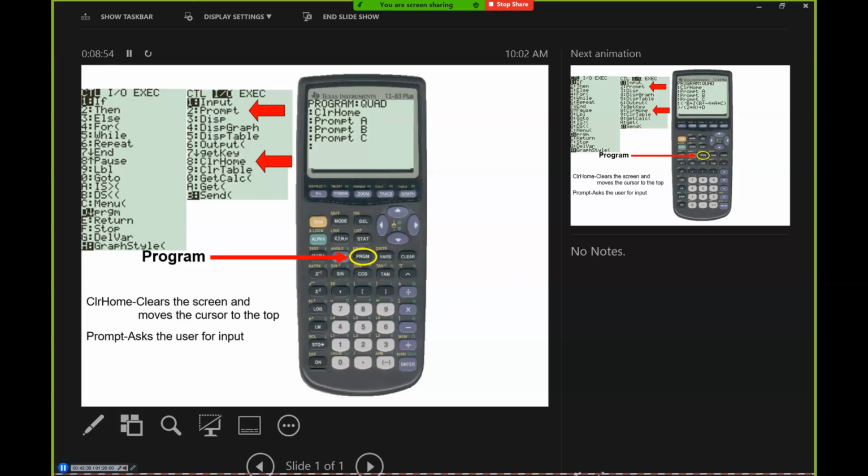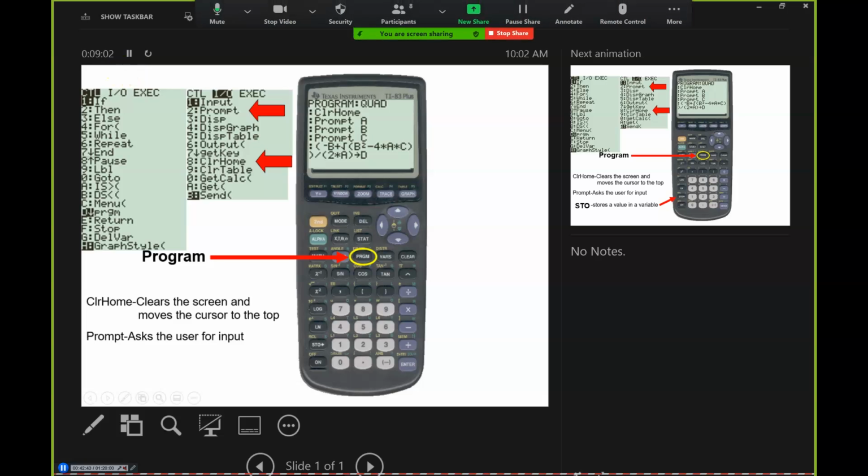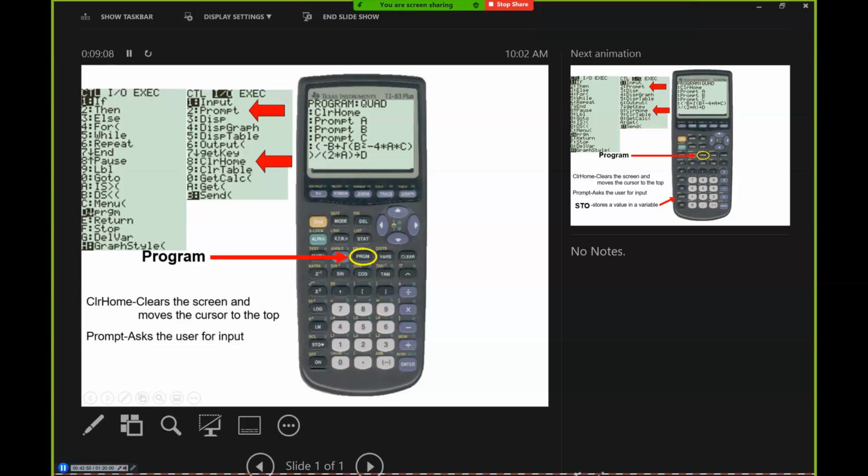The parentheses are above the 8 and the 9. In front of the first B, this is a negative sign. That is a subtraction symbol, though.